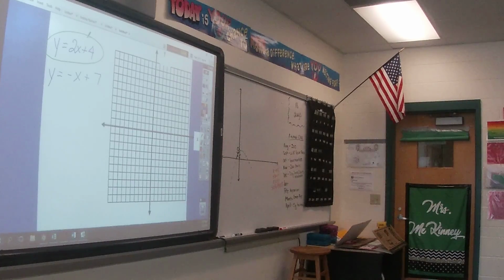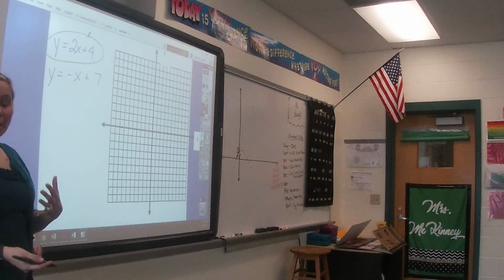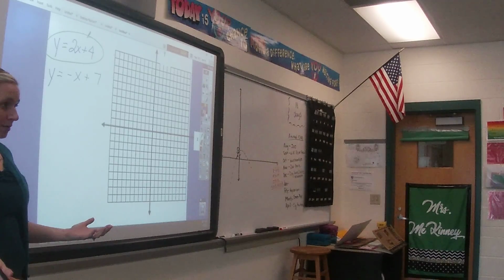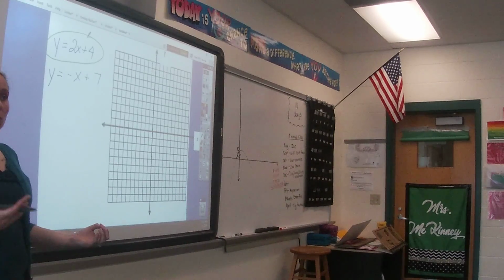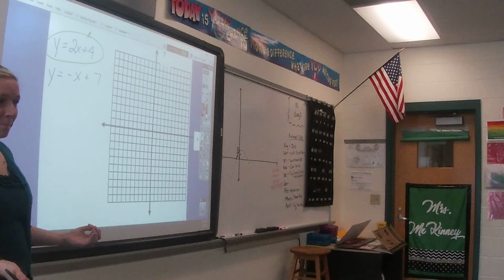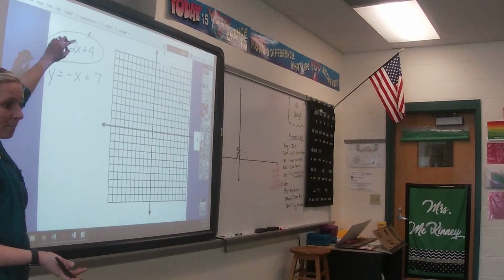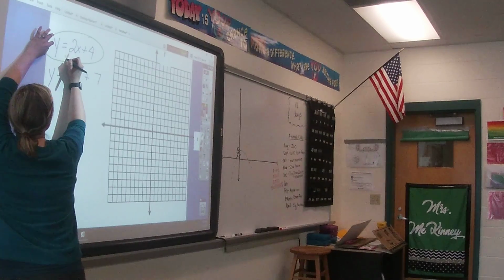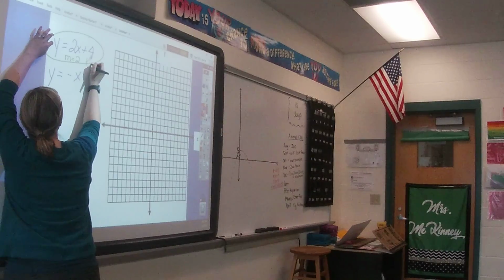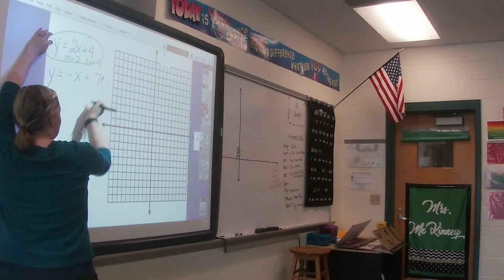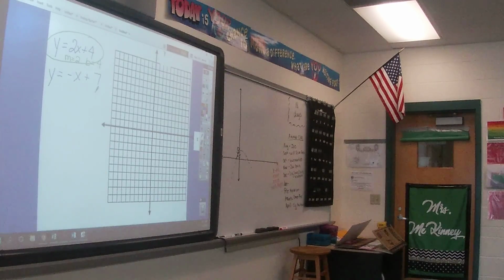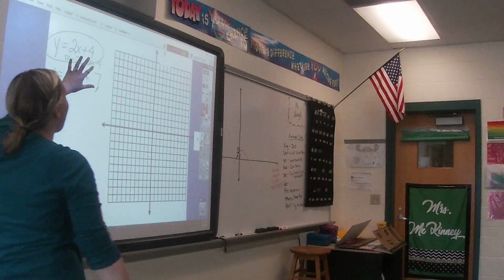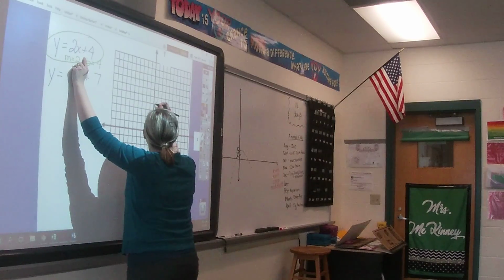Okay, we know that we can graph y equals 2x plus 4 by finding m and b. What does m equal? 2. What does b equal? 4. Okay, so we're going to go on our first graph, and we're going to start at 4 on the y-axis.